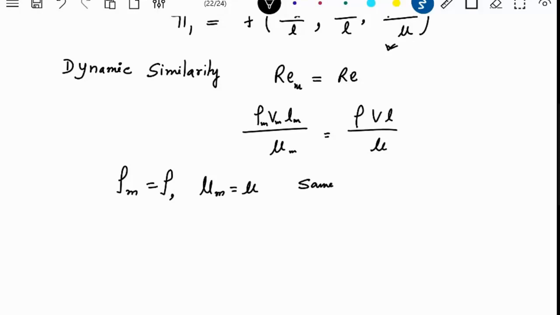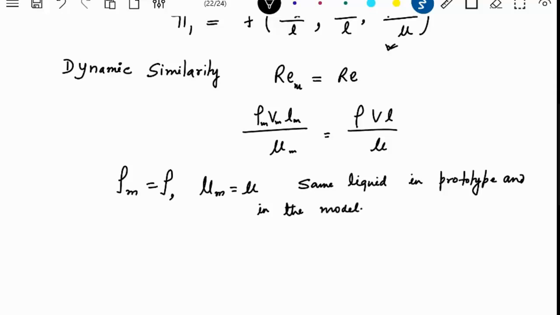Same liquid has been used in the prototype and in the model. In this case, this is water.